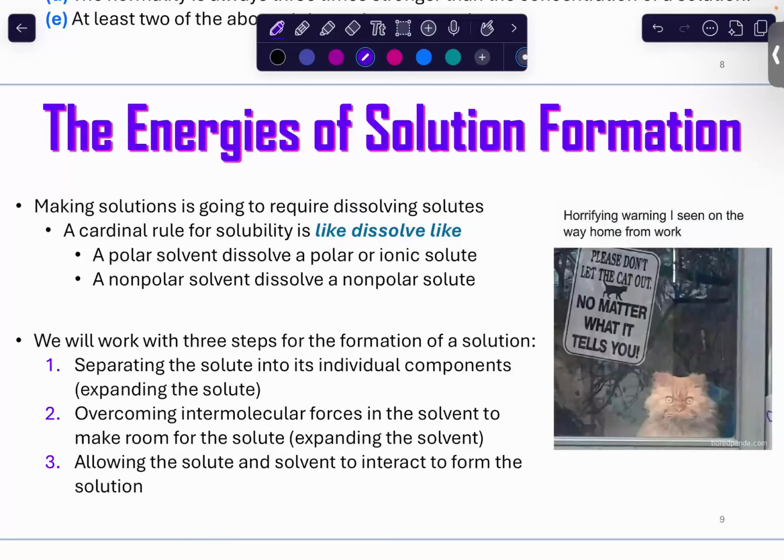Okay, so when you're making solutions, I would take this first rule here and sear it into your brain, because you're going to need to bring this back up when you get to organic and biochem, and it's the idea of like dissolves like. Have you ever seen oil poured into water? What happens?